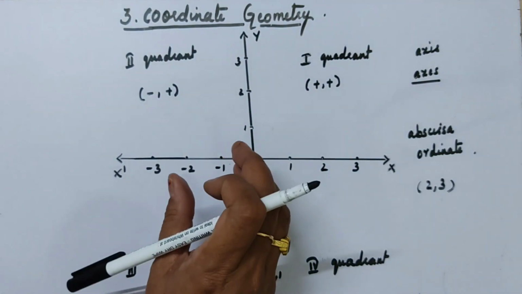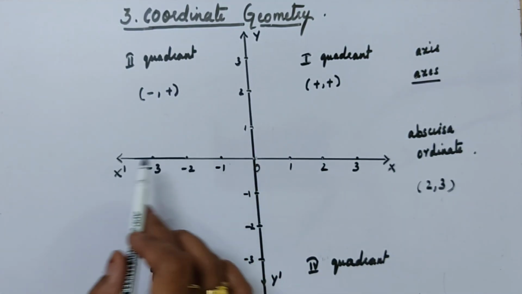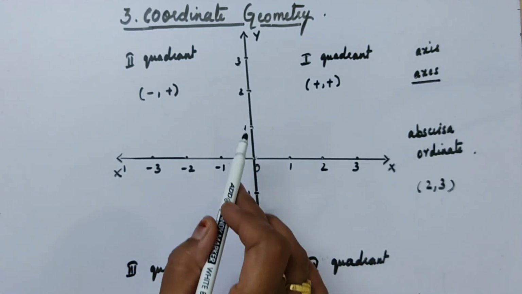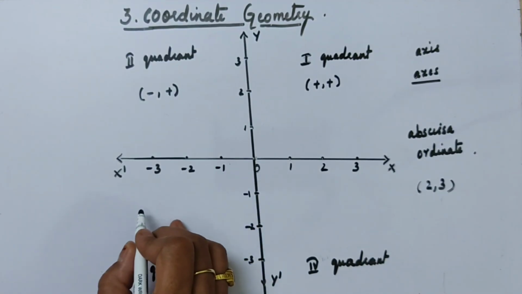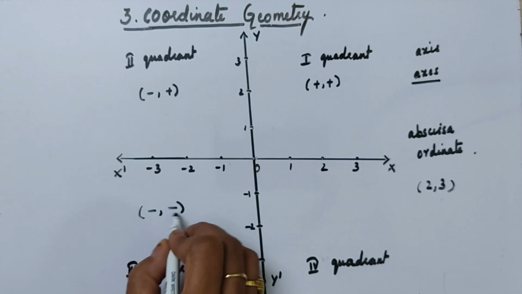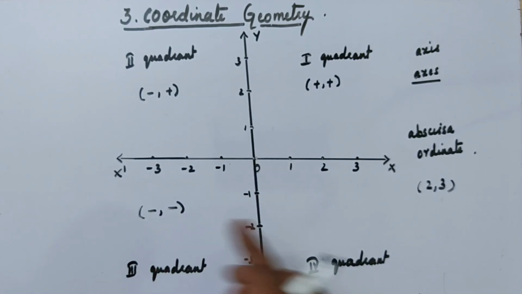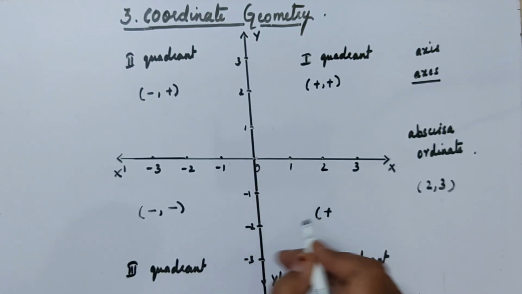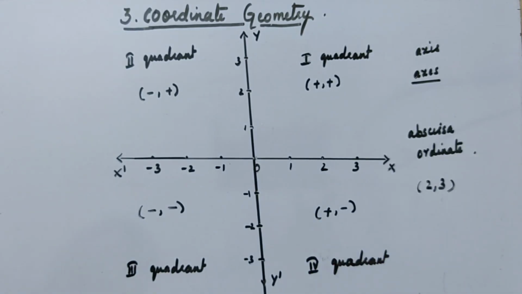Now in the third quadrant, the horizontal line is called the x-axis and the vertical line is called the y-axis. Here x is negative and y is also negative. Now in the fourth quadrant, x is positive and y is negative. I hope this is clear, right?